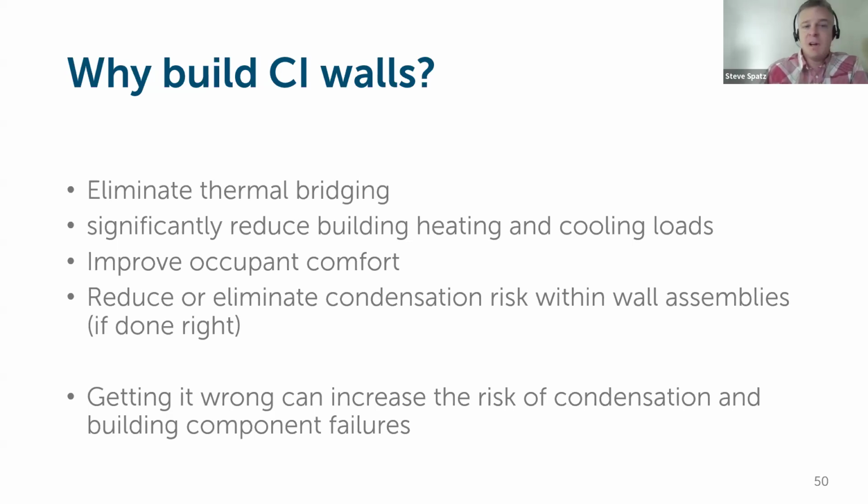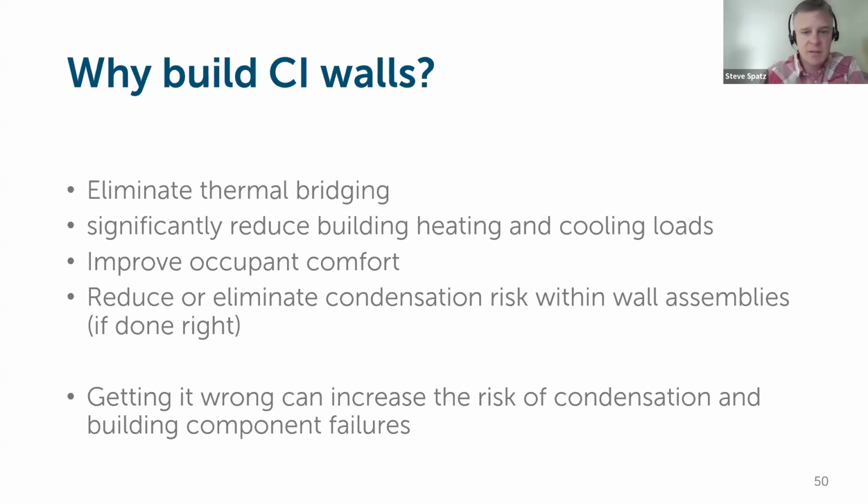So, reasons behind building continuous insulation walls. The key thing is it eliminates thermal bridging. You're not getting conductivity through the framing components of an assembly anymore. And that's consequential when you typically have about a 20% framing factor for most buildings built 16 on center. That is going to be about your percentage of framing.